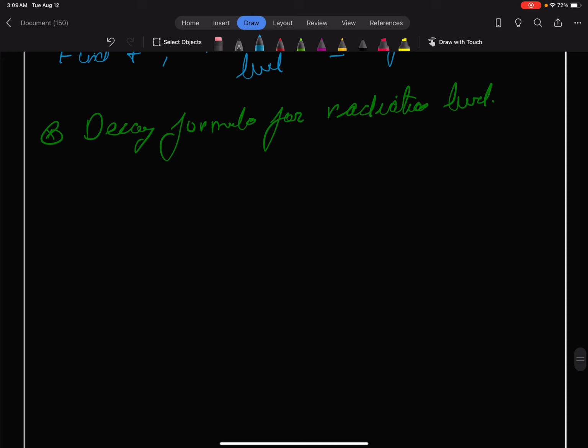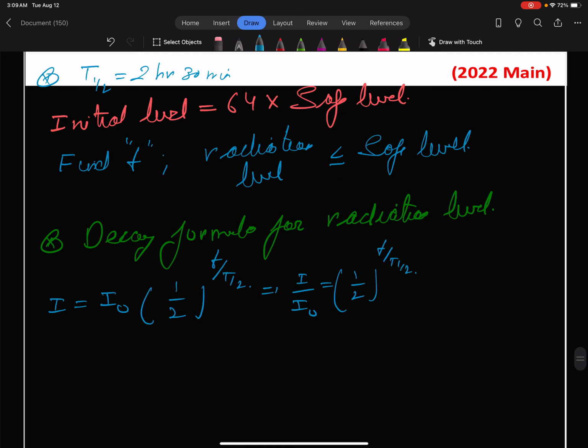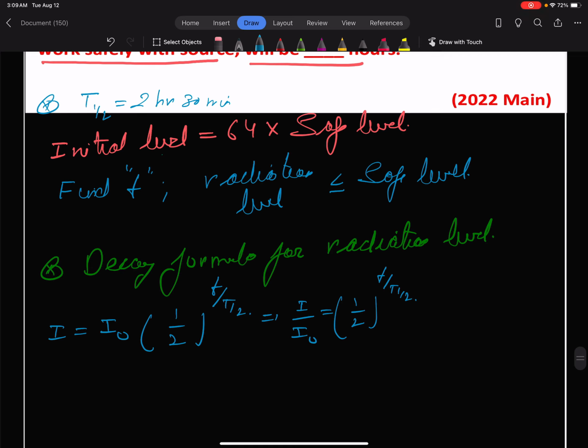Which will be I is equal to I naught (1/2) to the power T over T half. This can be written as I upon I naught is equal to (1/2) to the power T upon T half, where the initial level is I naught and the safe level is I, so the initial level is multiplied by 64.